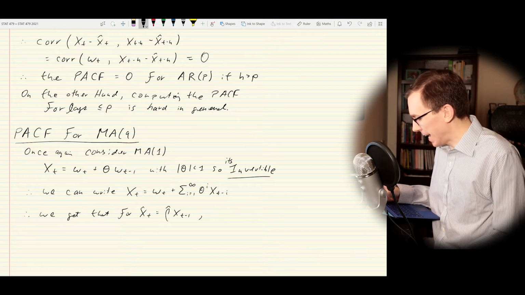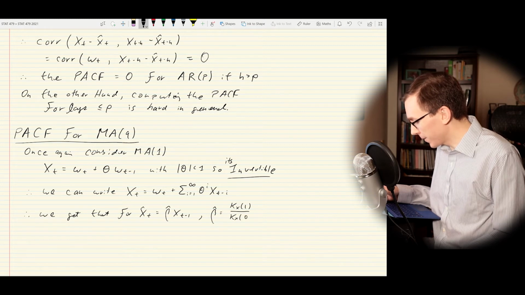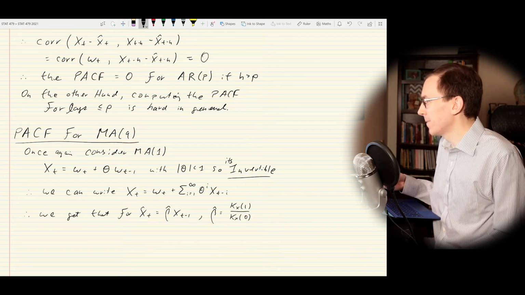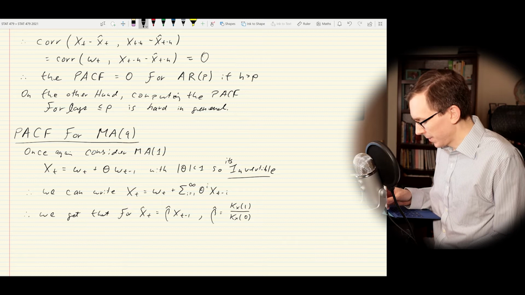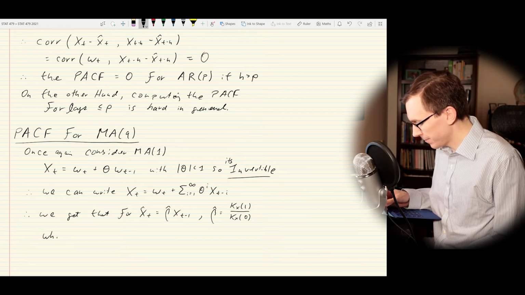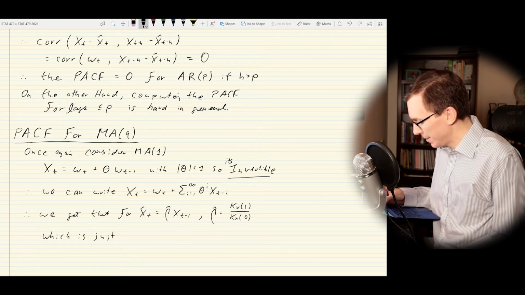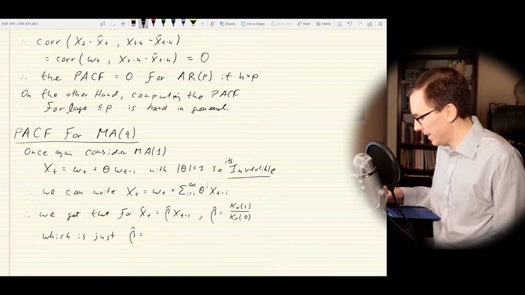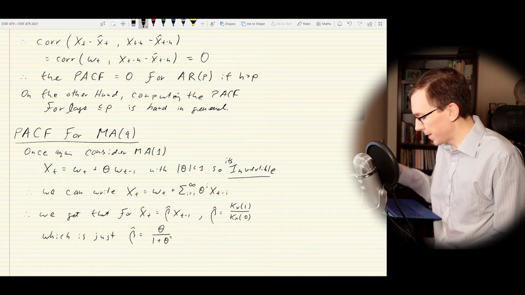We get that beta hat is going to be the ratio of the autocovariance at lag 1 to the autocovariance at lag 0, which is just going to be beta hat equals theta divided by 1 plus theta squared.